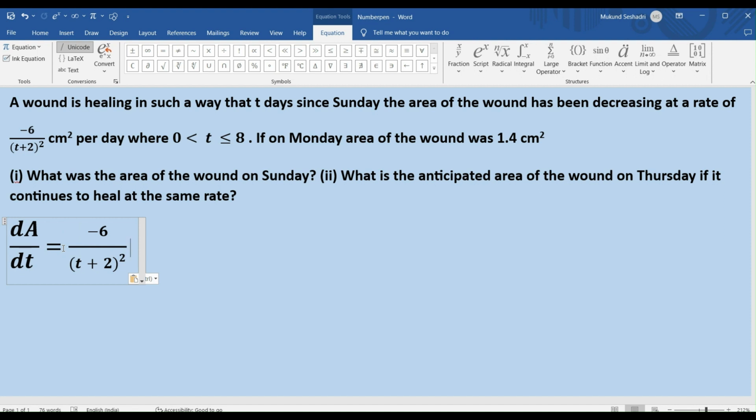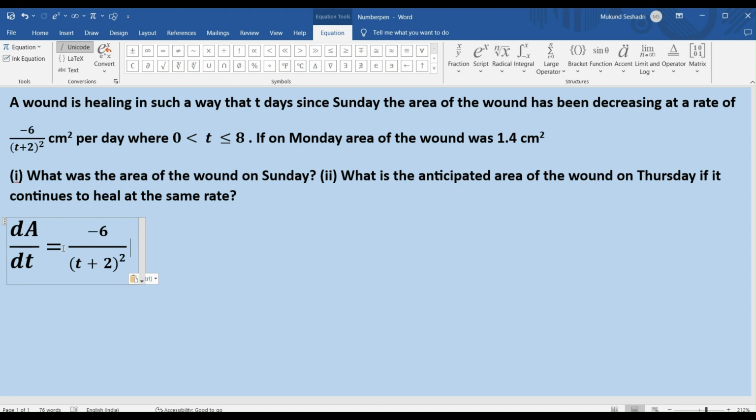Because when you look at the problem, we've been given 0 < t ≤ 8. So I will take Sunday as the reference point here, which means Sunday is t equals 0, and therefore t equals 1 on Monday.